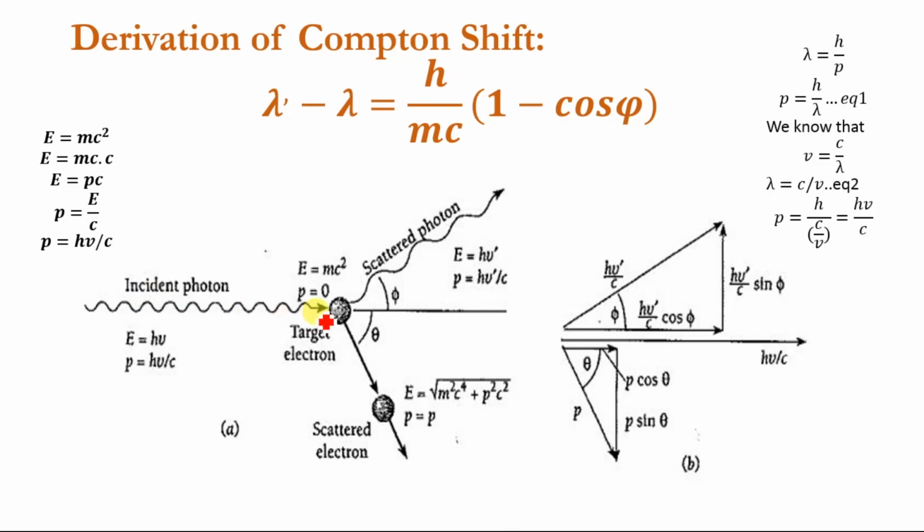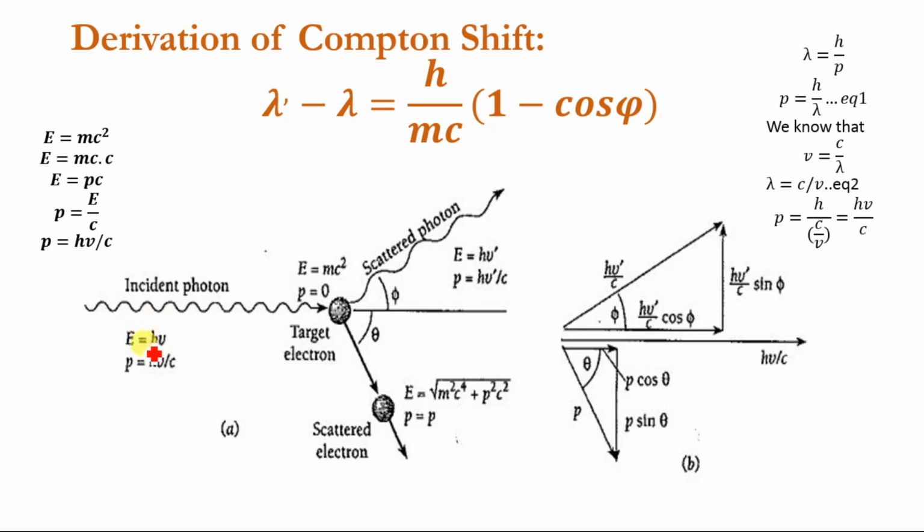When this photon strikes this electron, it loses some of its energy during the collision. It transfers some of its energy to this electron, and this electron gains this energy in the form of kinetic energy, while the scattered photon has energy slightly less than the incident photon energy.